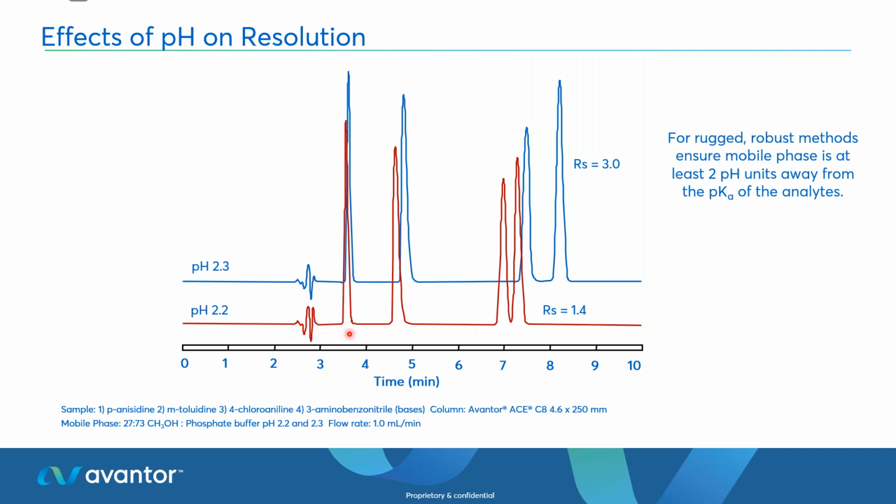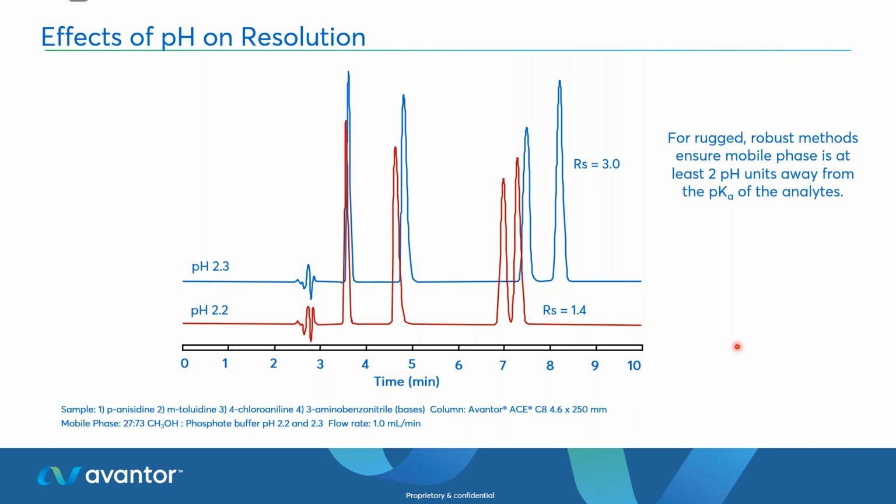So very small changes in the buffer in this case have led to massive changes in resolution for these later eluting peaks. First couple of peaks not so influenced by the change of pH, but these later eluters have really changed in resolution based on the change in pH, 0.1 pH units. And that's an error you can easily make in the lab.